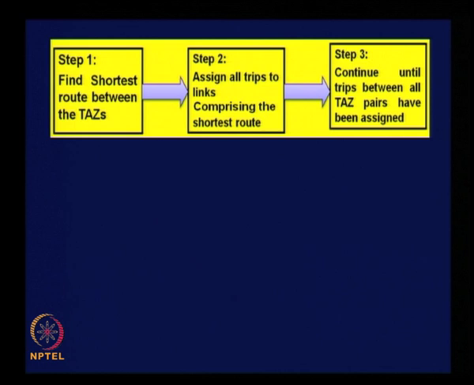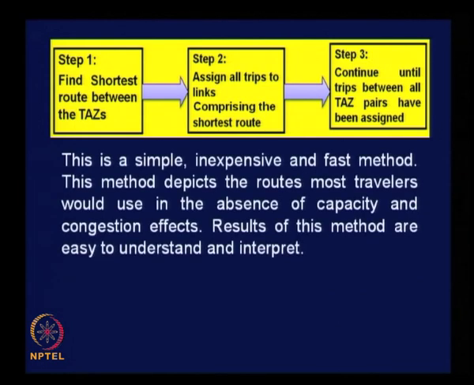Continue the process until you cover all the zonal pairs, isn't it? This is a simple, inexpensive and fast method of route assignment, because we just develop minimum path tree and assign the whole of the traffic to the minimum path. That is how it is very fast and simple.